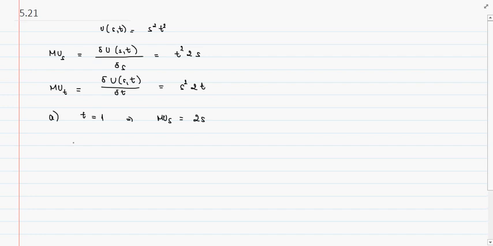In this case, as s increases, we can see that the marginal utility of s increases. Or if you differentiate the marginal utility of s with respect to s, you get 2, which is positive. So we know that the marginal utility of s is increasing in s.